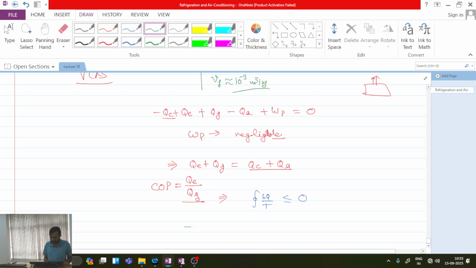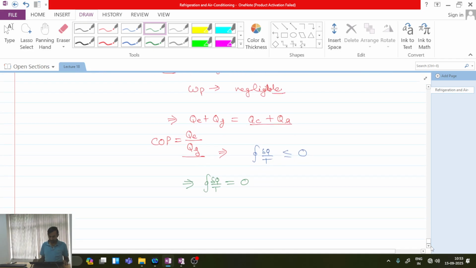However, for a totally reversible system, it will be simply equal to 0. Now you write down, QE amount of heat I am adding to the system, and usually QE is added at temperature TE for a totally reversible system. So QE by TE is coming to the system, plus QG by TG is also coming to the system. What is going out?